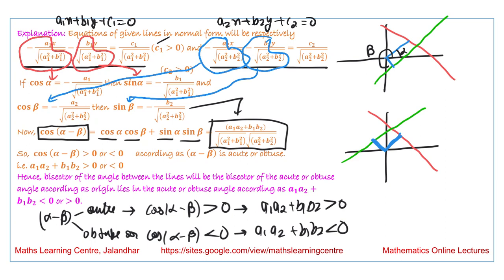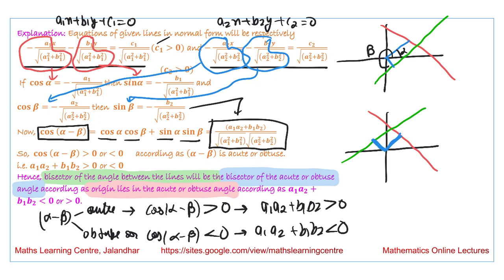So what we obtain is that the bisector of the angle between the lines will be the bisector of the acute or the obtuse angle according to whether the origin lies in the acute or the obtuse angle.